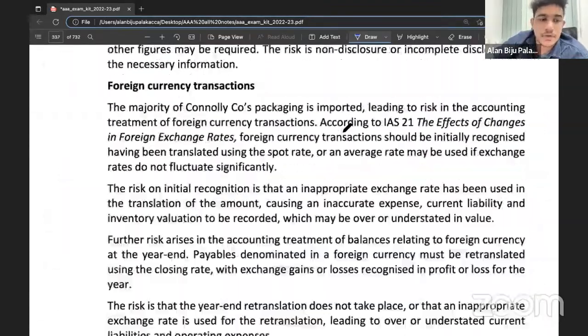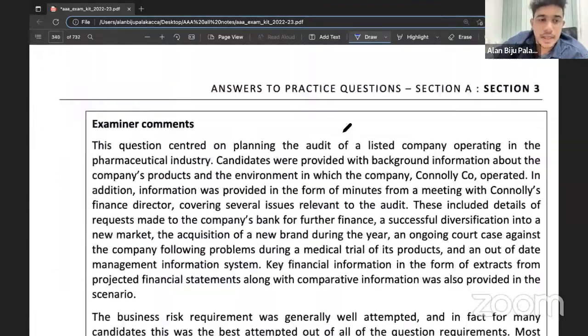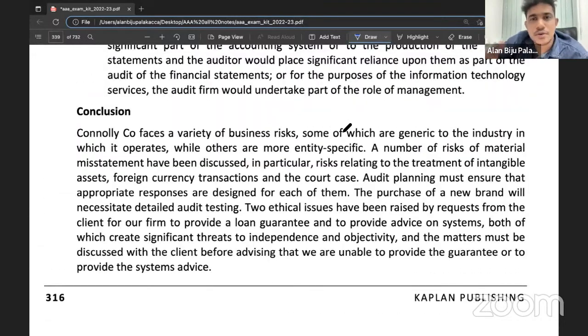At the end of the briefing note, you must also provide a conclusion, where you can always use the same conclusion. This briefing note includes a variety of business risks and risks of material misstatement identified during the audit. All of them have been prioritized mainly on the basis of unusual transactions, possibility of fraud, possibility of management bias, subjectivity, and so on.